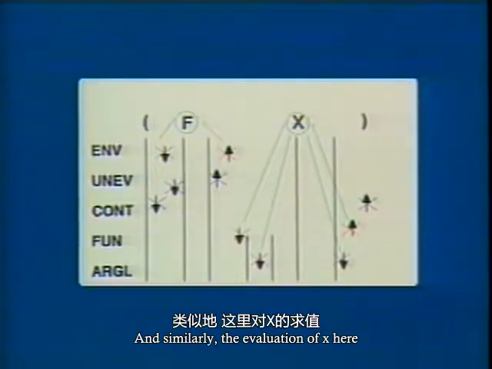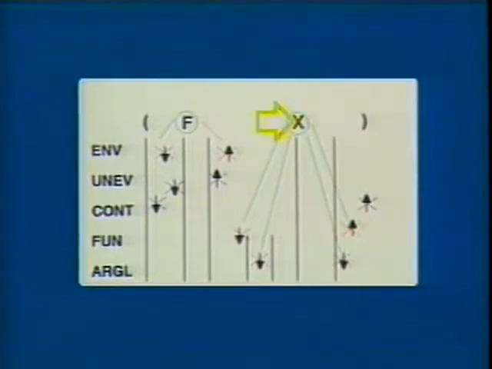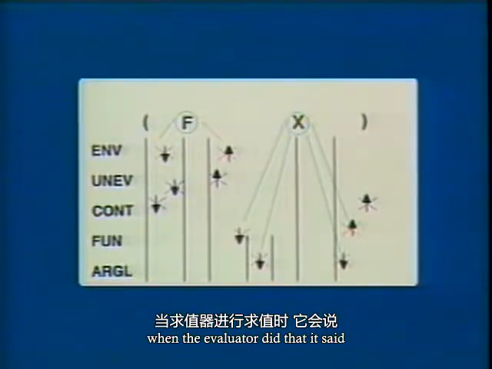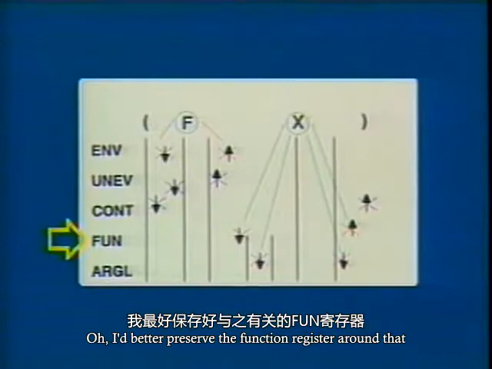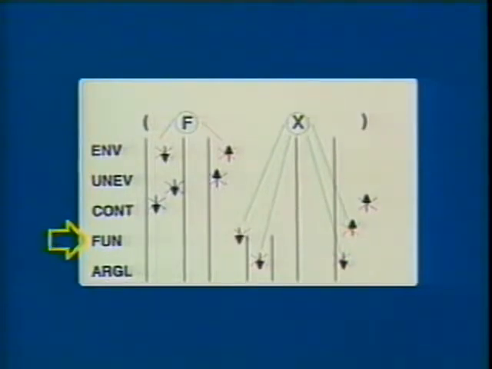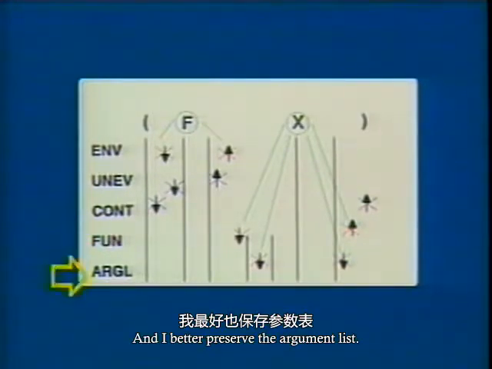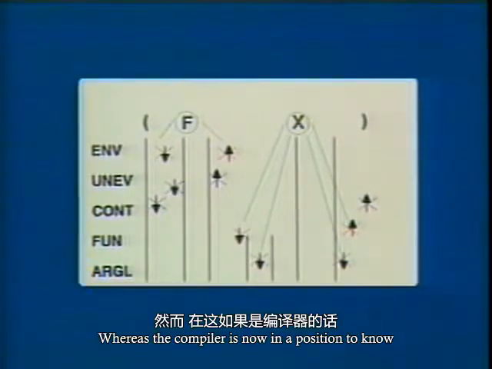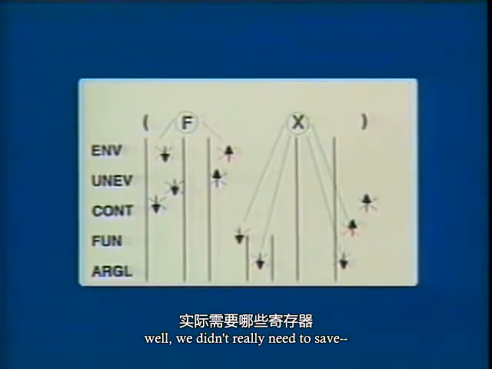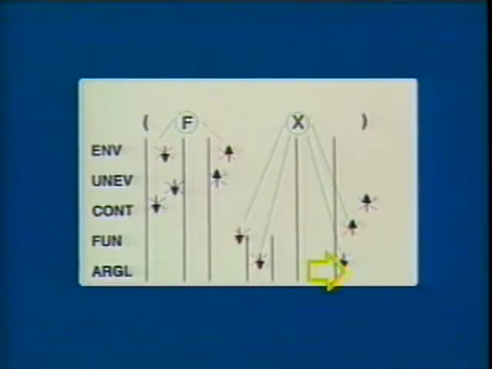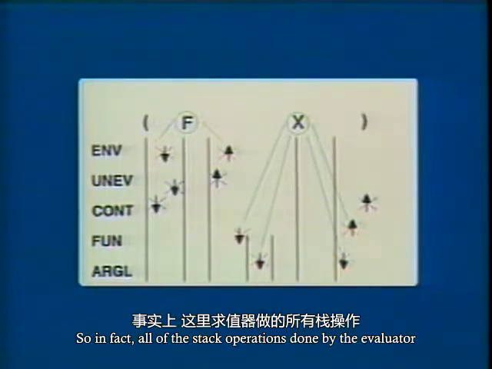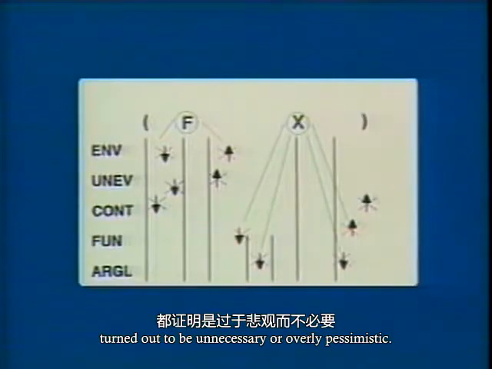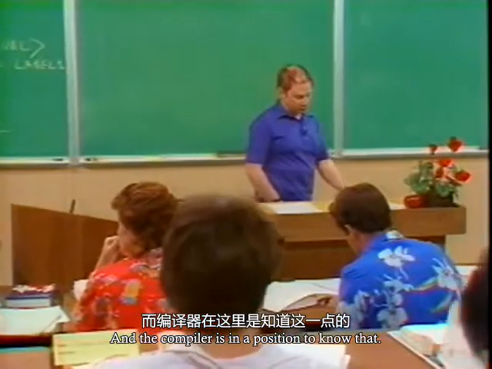And similarly, the evaluation of x here, when the evaluator did that, it said, oh, I'd better preserve the function register around that because I might need it later, and I better preserve the argument list. Whereas the compiler is now in a position to know, well, we didn't really need to do those saves and restores. So in fact, all of the stack operations done by the evaluator turned out to be unnecessary or overly pessimistic, and the compiler's in a position to know that.